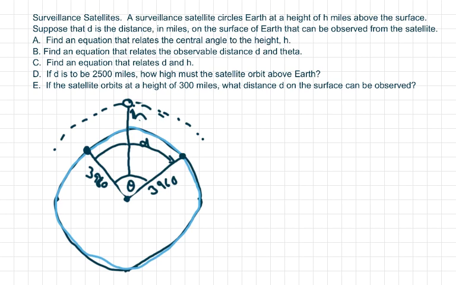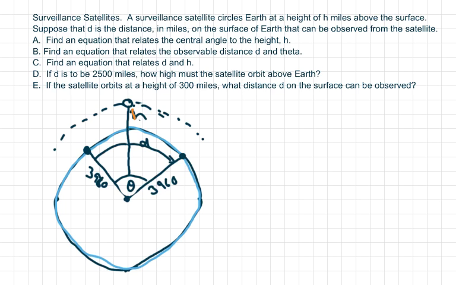Hi, we're going to do a harder surveillance satellite circle problem for Soh-Cah-Toa, and basically we're using cosine. This is Earth. The blue circle I have is Earth. H is here.